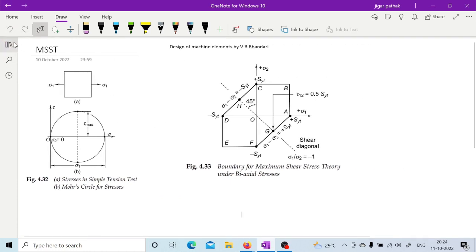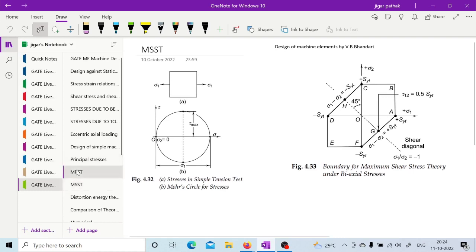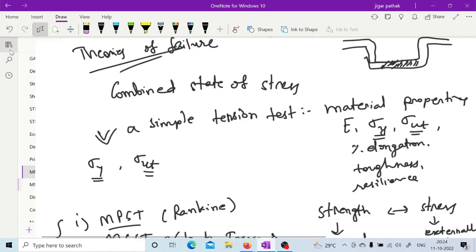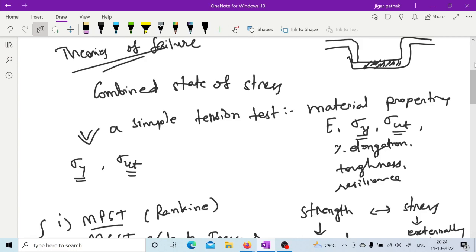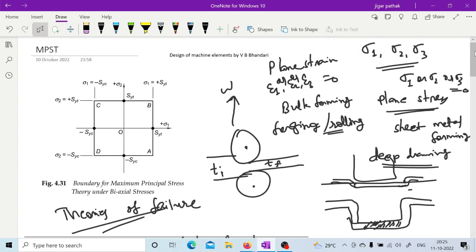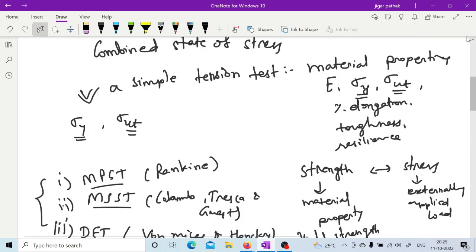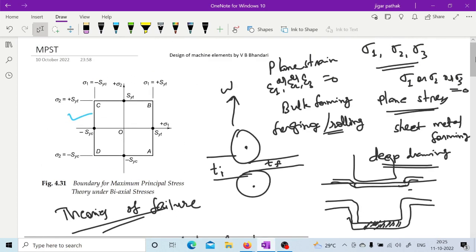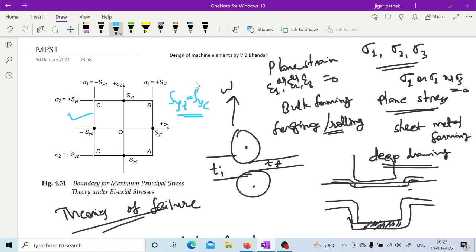Oh, one more thing in the maximum principal stress theory. As you can see, whatever we have discussed is mentioned here. But one interesting thing is that here it is almost like a square, because S_yt and S_yc are considered almost equal, which is the case for a ductile material.